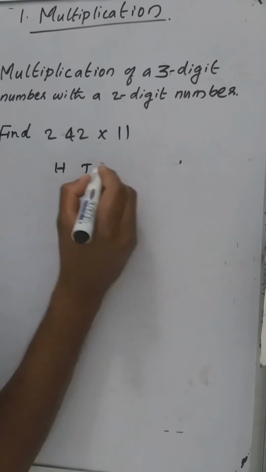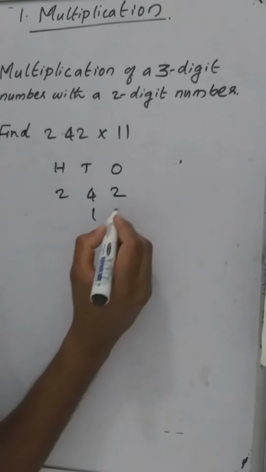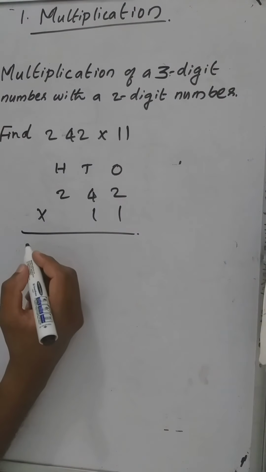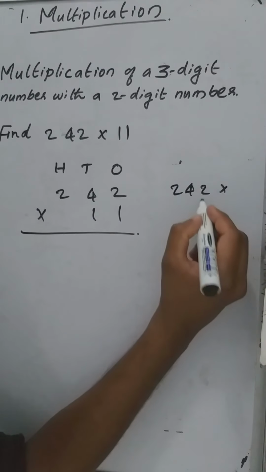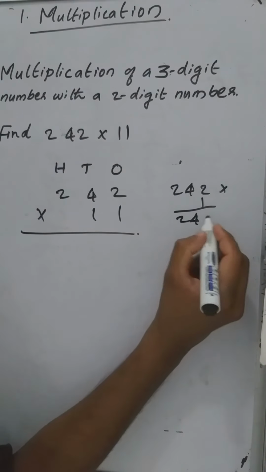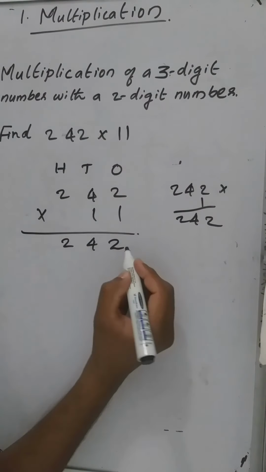Hundreds place, tens place, ones place. 242 multiplied by 11. So first you have to multiply 242 by 1. 242 multiplied by 1. So we got the same answer 242. Right here 242.